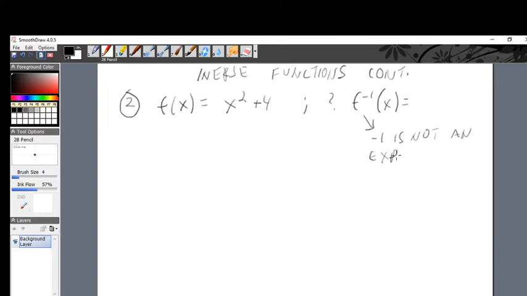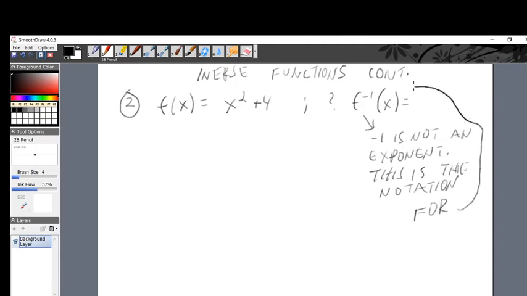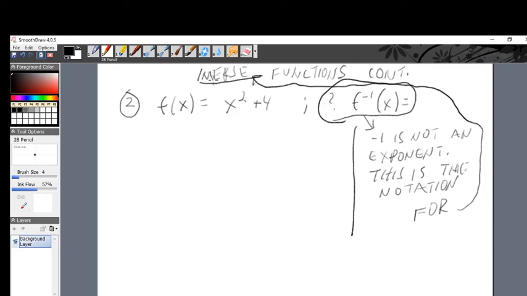This is the notation for inverse function. Okay, in any case, here is our question. What is the inverse function?